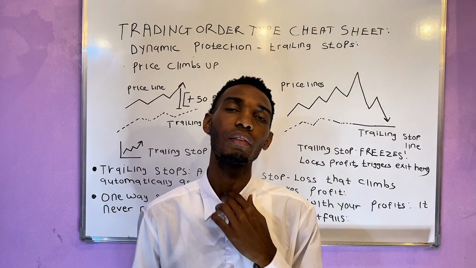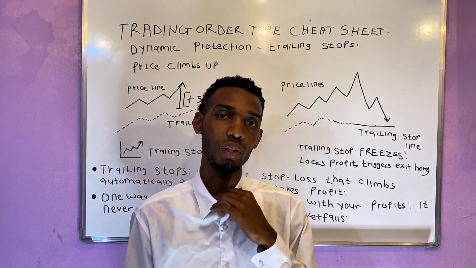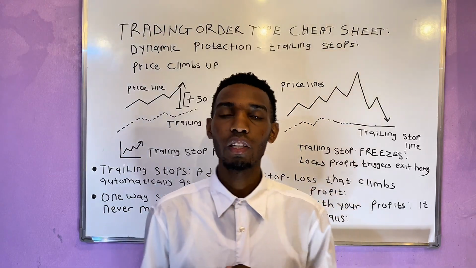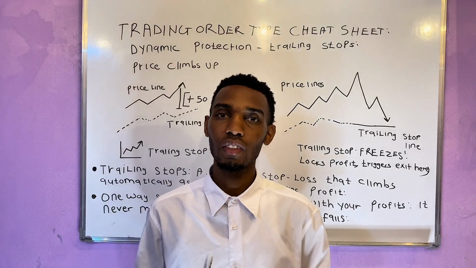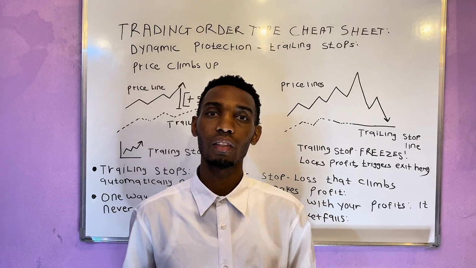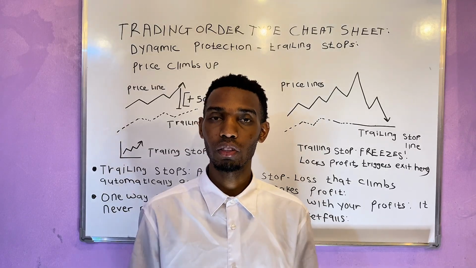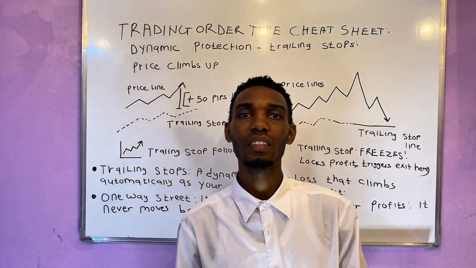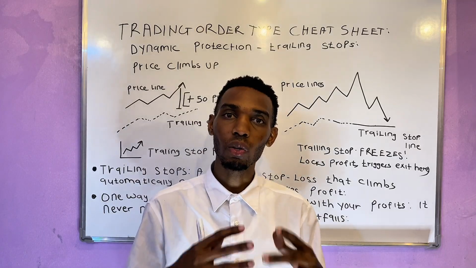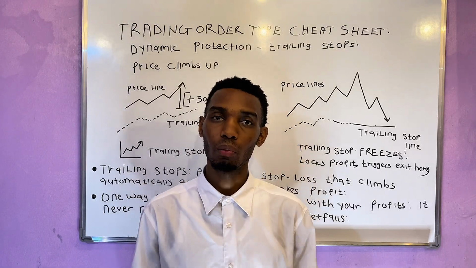If you enter a trade and it starts making money, this order automatically moves your safety net up behind the price. If the price goes up 100 points, your safety net moves up 100 points. But if the price suddenly turns around and drops, the net stays locked in place to protect your profit.